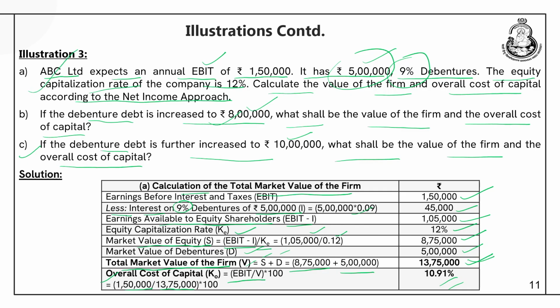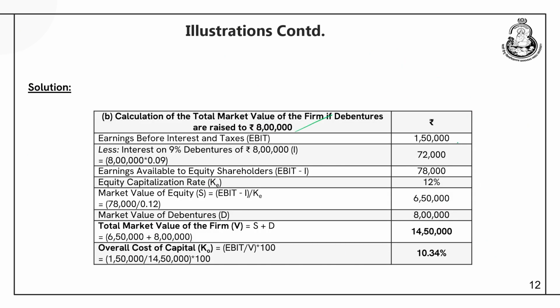Now, let us go to part B, when you are increasing the debt to 8 lakhs from the existing debt of 5 lakhs, right. So, EBIT is the same, 1,50,000. Now, you have increased the proportion of debt, so you have to calculate the interest that you are paying, 9% on a debt of 8 lakhs. This comes out to be 72,000. Again, remember the assumption, we are not increasing the cost of debt with the increase in the proportion of debt, right.